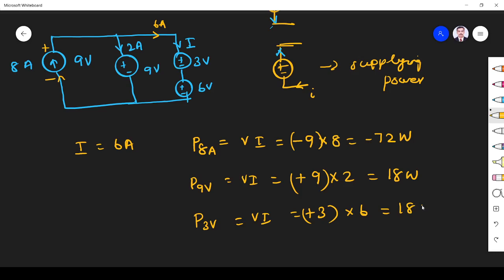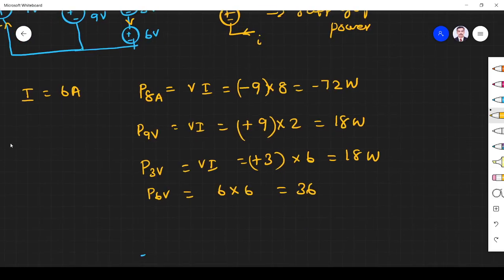So 18 watts. Then the power of the 6 volt battery, VI. Again the current enters through the positive terminal, so it is absorbing power. So plus 6 into 6, that is 36 watts.